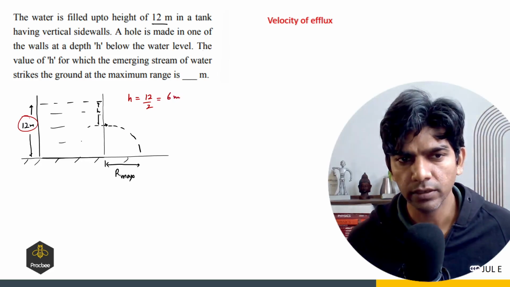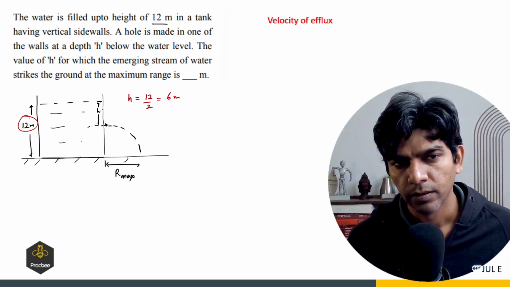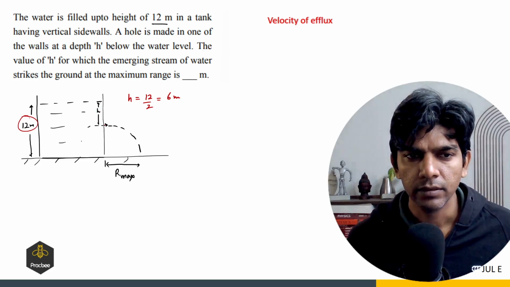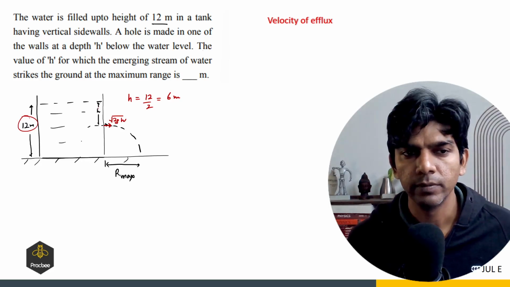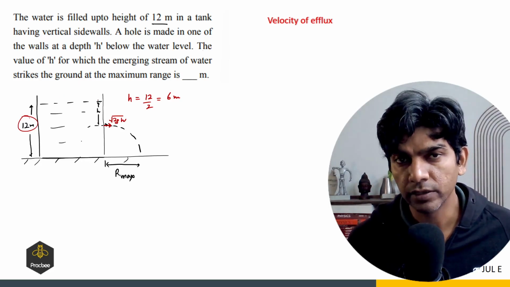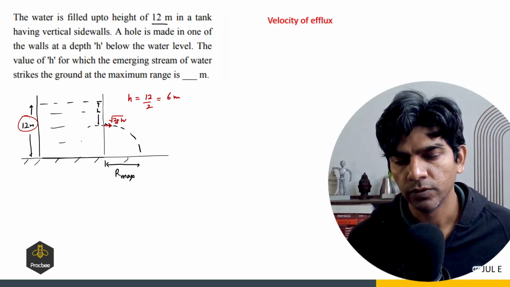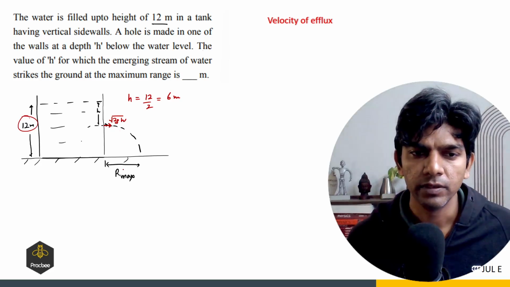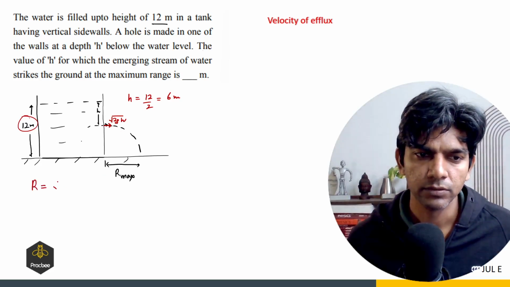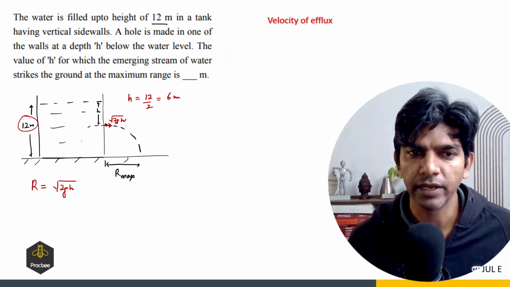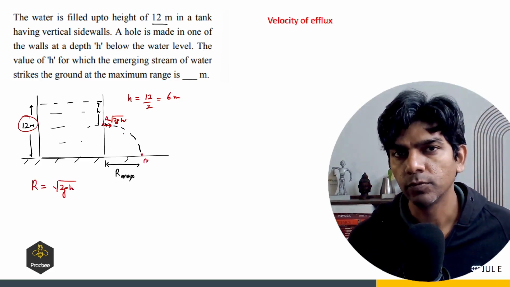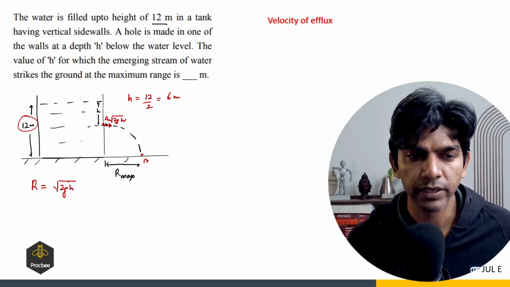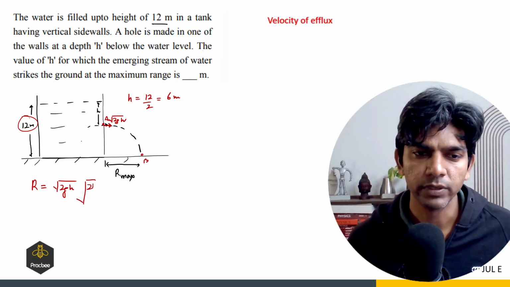And if you want to derive that, you can assume some unknown h, then the velocity of efflux will be root of 2gh, and we can use this formula if the area of cross section of the tank is very large in comparison to the area of the orifice. Now the range will be given as root of 2gh times the time taken by the fluid from point A to point B. So here we have to apply the concept of horizontal projection from a height, and the time will be root of 2h by g.